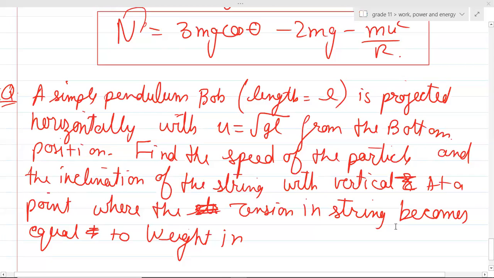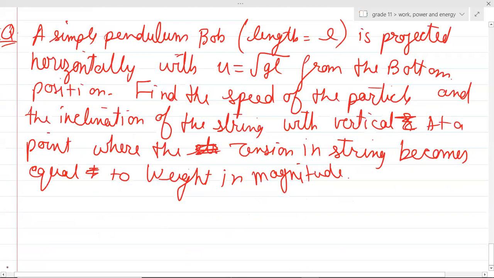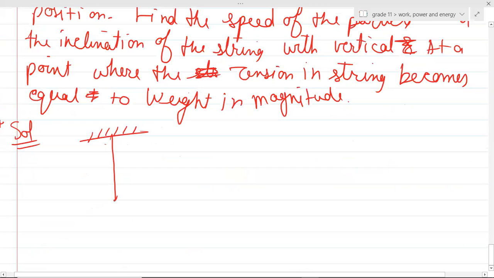Oh, okay. So where the tension in the string becomes equal to the weight in magnitude. Chalo, start. Suppose the question is, I'll explain it again. This is the support, and let's say this is the bob, whatever be the mass, you will be throwing it with a speed u equal to under root of gl.